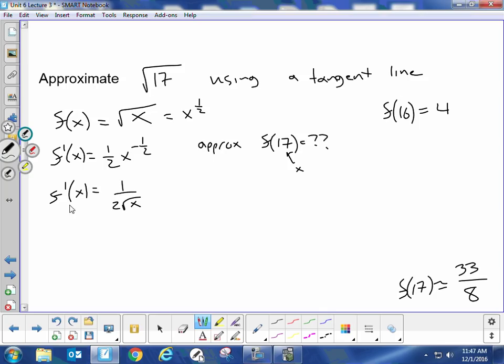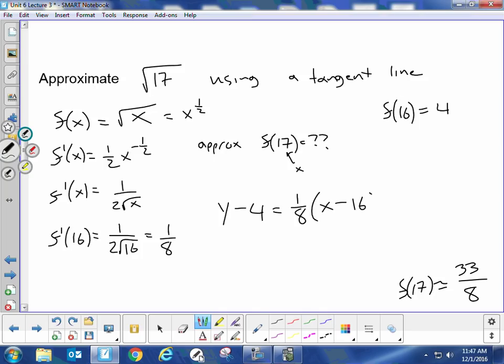We then use the point that we know, 16, 4. I'll use 16 for x. Some people are using 17. Some people are using other values. So I get that, and I have the point 16, 4 giving me my equation: y minus 4 is equal to 1/8 times x minus 16. And I go ahead and don't distribute this 1/8, but just move the 4 over.